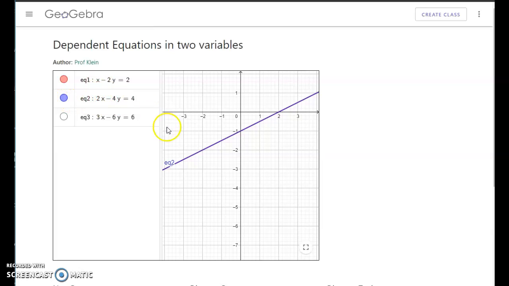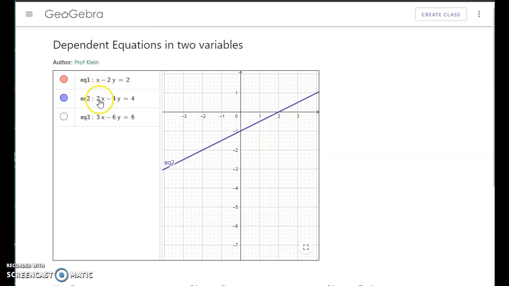So what does that do to the line? Well, basically, these two equations are the exact same line. They span the exact same space. So the solutions to this line are also the solutions to this line. These lines, even though they look different, are actually the same line. Now look at this third one here.